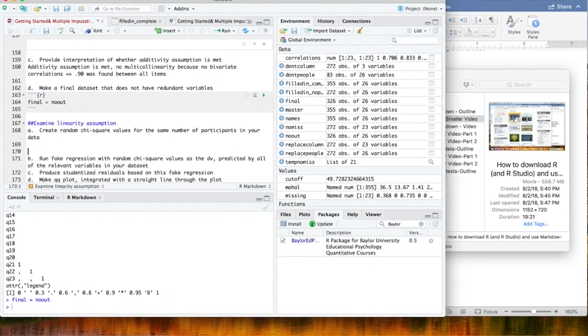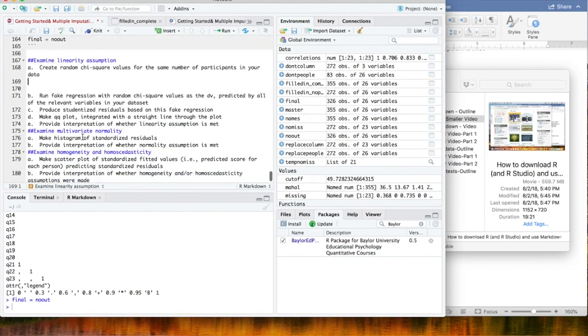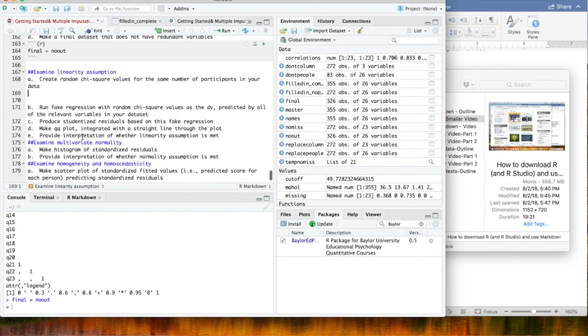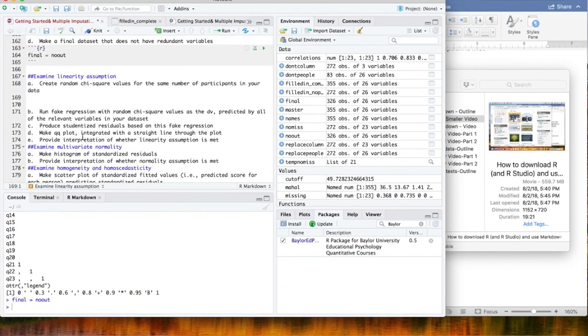To make a fake regression, you need to create random chi-square values for the same number of participants in your data, because for many of these assumptions, like linearity, normality, homogeneity, and homoscedasticity, the errors should be chi-square distributed. So you want to create a random chi-square with the same number of participants as our data.